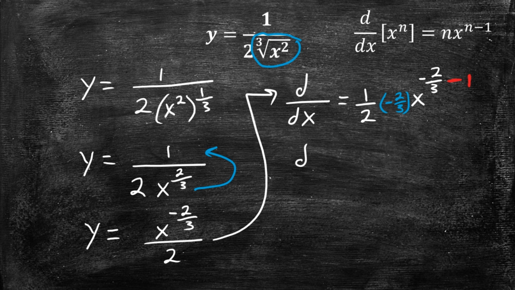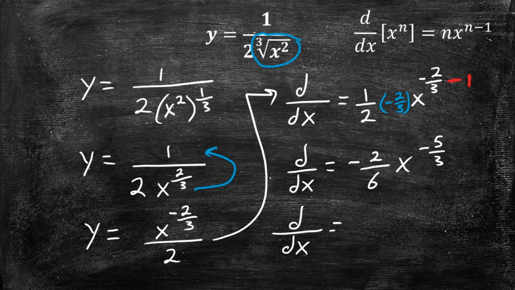We have d over dx is equal to 1/2 times negative 2/3 is negative 2 over 6. X to the negative 2/3 minus 1 is going to be negative 5/3. And just to simplify this a little bit further, we have d over dx is equal to negative 2/6 can be reduced to negative 1/3.